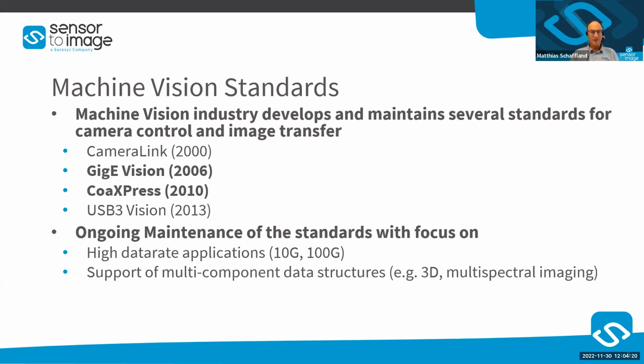But not only faster sensors: we sometimes have not only a simple 2D image, but multi-component data structures, which are used for example in 3D applications or multispectral imaging. So these standards have to cope with multi-component data blocks and transfer them together.